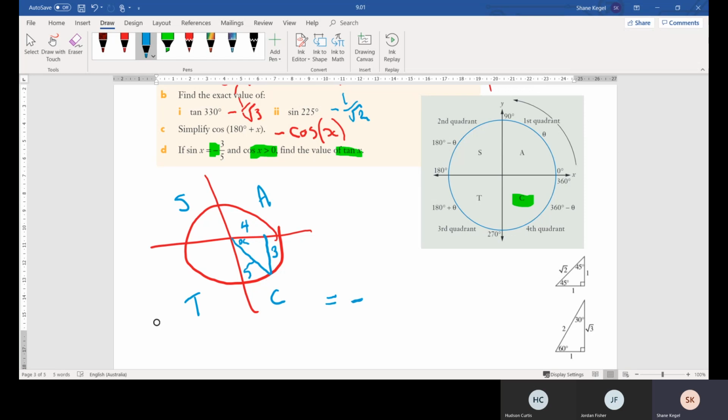So tan of x is negative, and tan is opposite over adjacent. My opposite side is 3, so 3 over my adjacent side, which is 4. So negative 3/4 would be my answer for D.